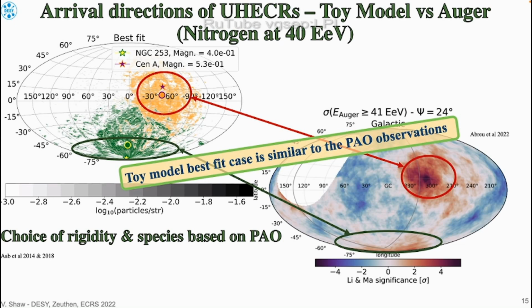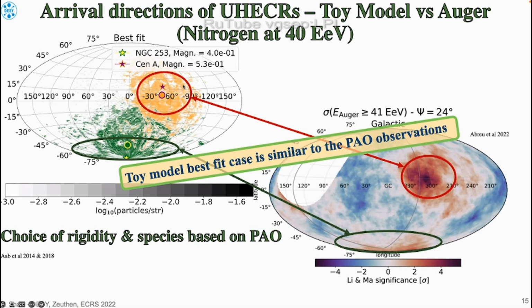We chose 2 sources, Cen A and NGC 253, and we start with the isotropic distribution of cosmic rays from Earth, and we backtrack them till a certain observation sphere or termination length. And then we look within a 5-degree region for the arrived cosmic ray positions.